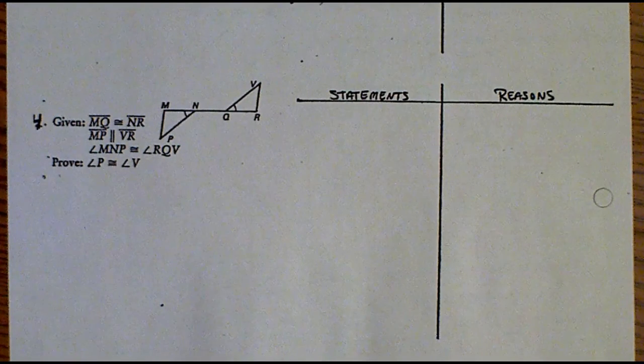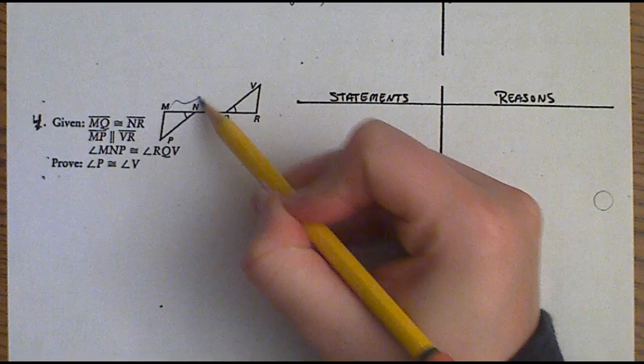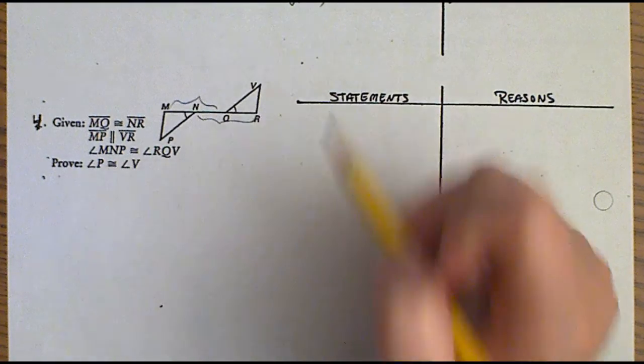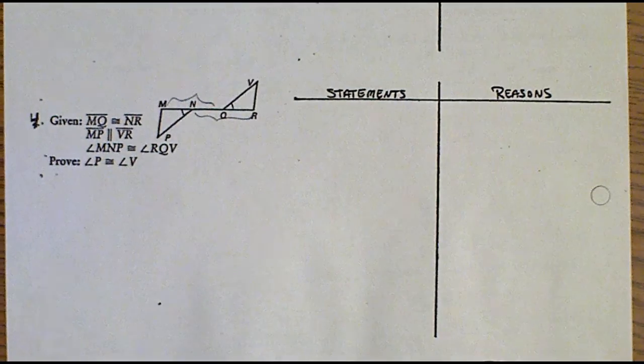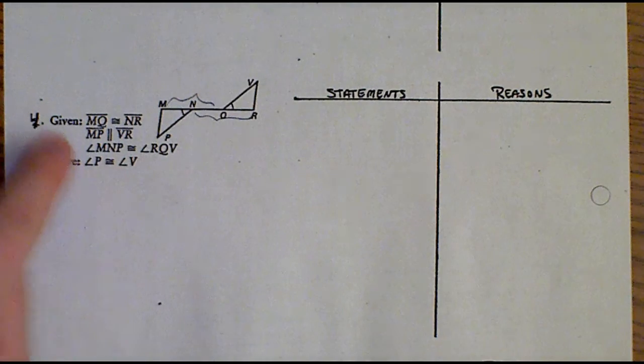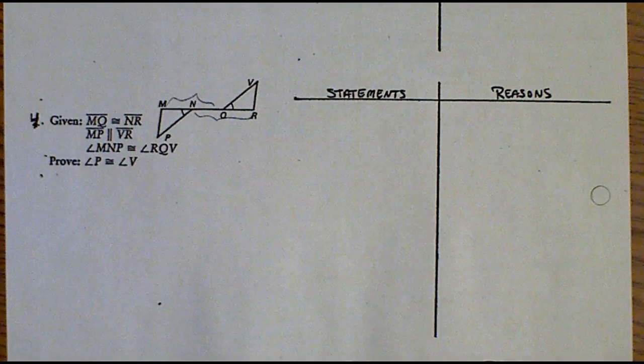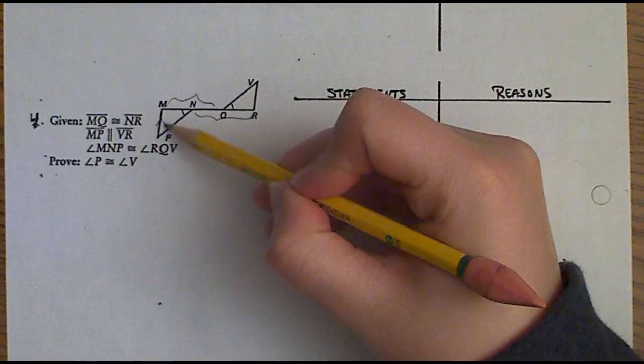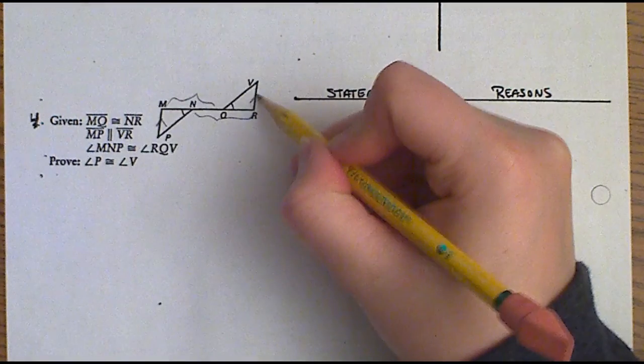So MQ is congruent to NR. That's going to be helpful. They give us a set of congruent angles, which they have marked, and then the parallel lines, MP and VR.